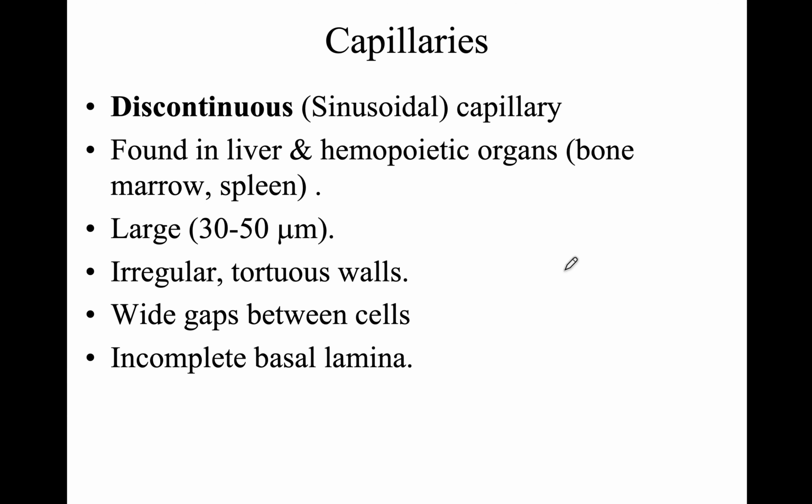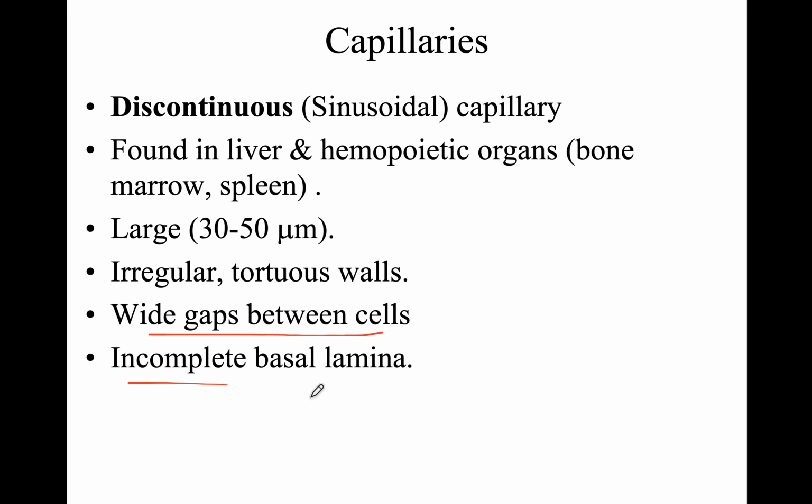And the last one is the sinusoid or sinusoidal capillary. It is found in the liver, the hematopoietic organs, or the endocrine organs. Usually they have large pores. These capillaries are large, with an irregular, tortuous wall and wide gaps between the cells, and that is the most important thing.